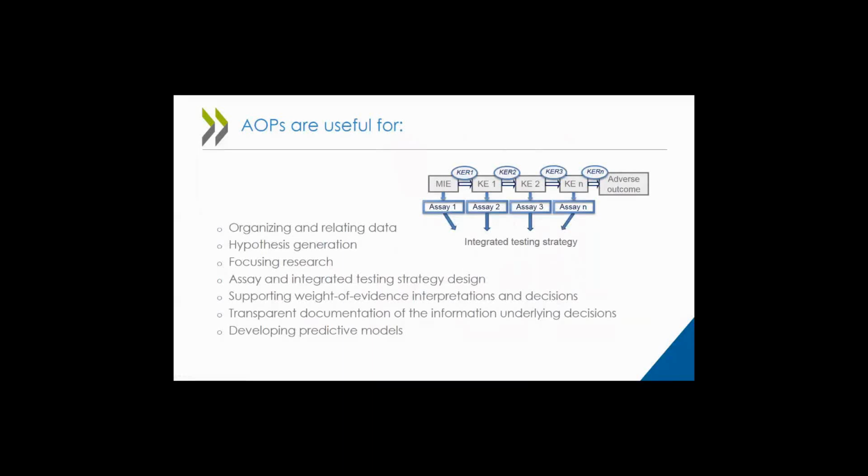They can help in the identification of optimal key events for assay and integrated test strategy design to answer particular questions. They can be very helpful in supporting weight of evidence interpretations and decisions because they provide a transparent documentation of the information underlying these decisions. And furthermore, as quantitative information is accumulated in AOPs, they can aid in design of predictive models.